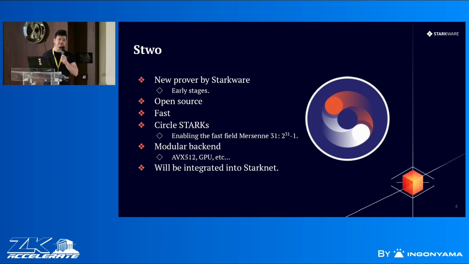All kinds of stuff. All the new stuff we know how to do from the last few years, we put in this prover. It's open source. It's kind of fast. It has these new circle Starks that I presented yesterday at the ZK Summit, along with Ulrich.